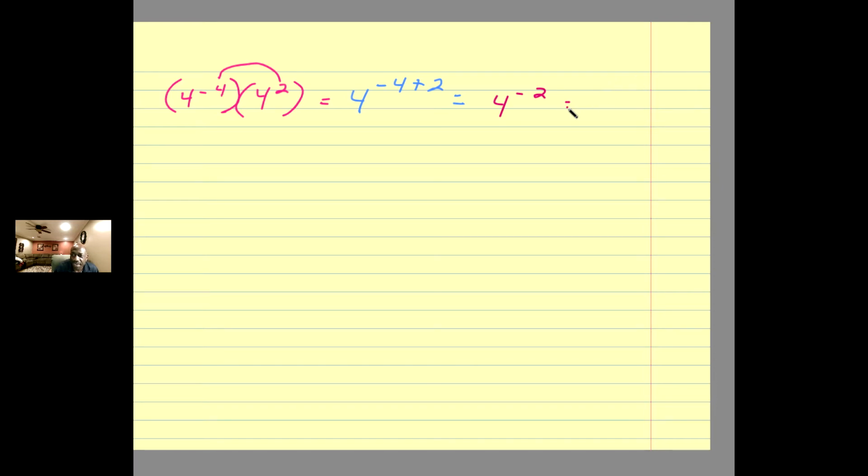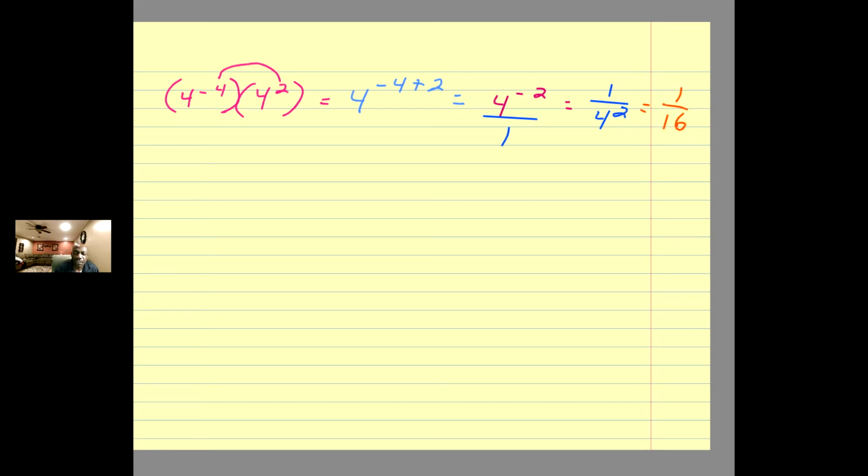Why not? Because I have a negative exponent. So what I want to do is flip this to 1 over 4 to the 2nd. Remember, there's a 1 underneath this. So this will go to the top, that'll go to the bottom. All right, am I done? Almost. Now my final answer here is 1 over 16.